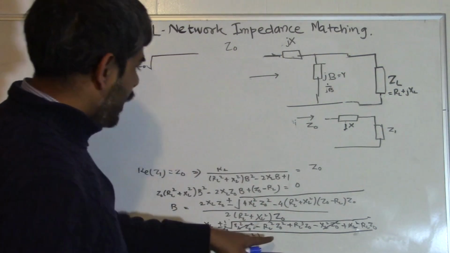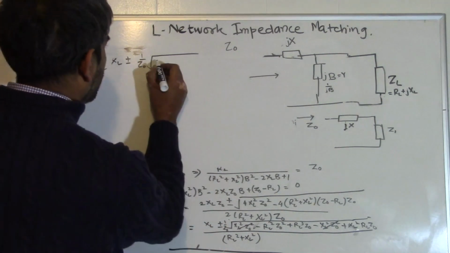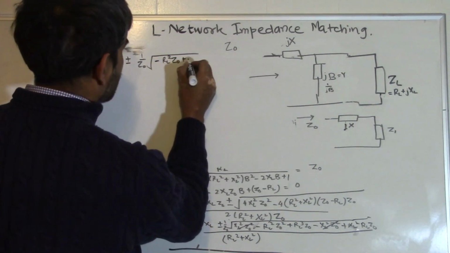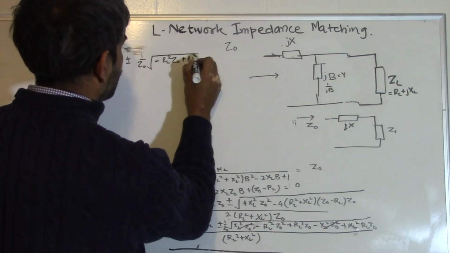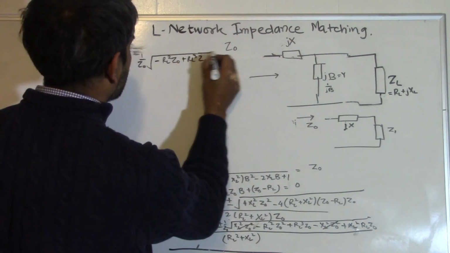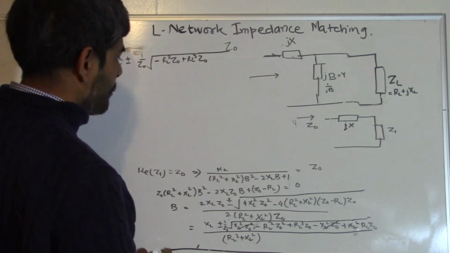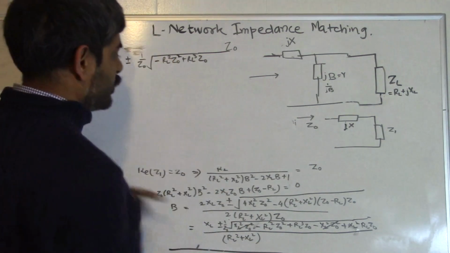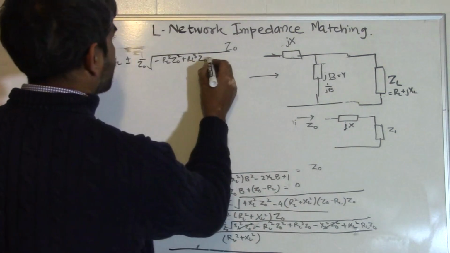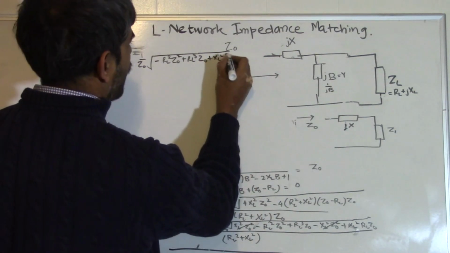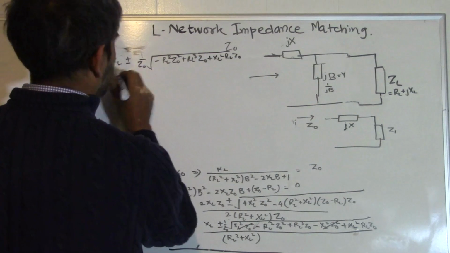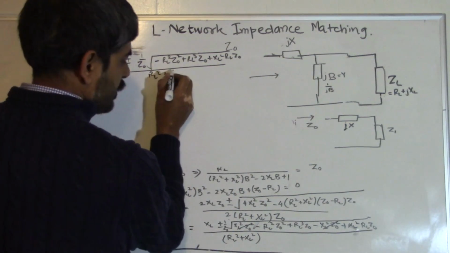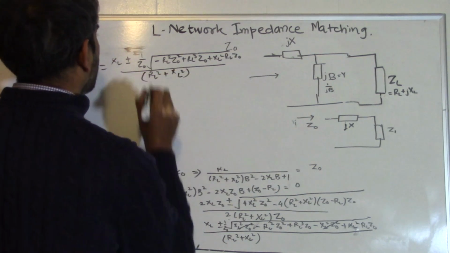RL square, minus RL square Z0 plus RL cube Z0 plus XL square RL Z0, divided by RL square plus XL square.